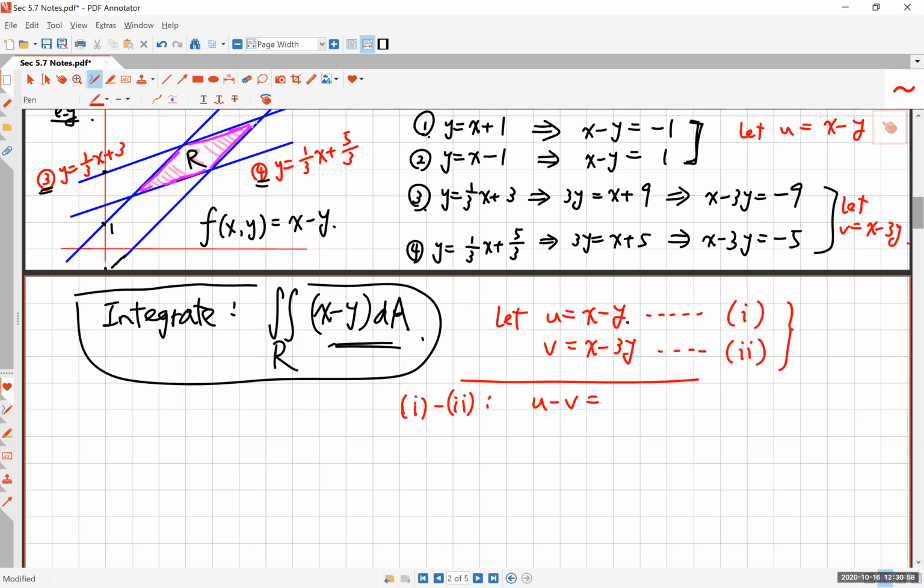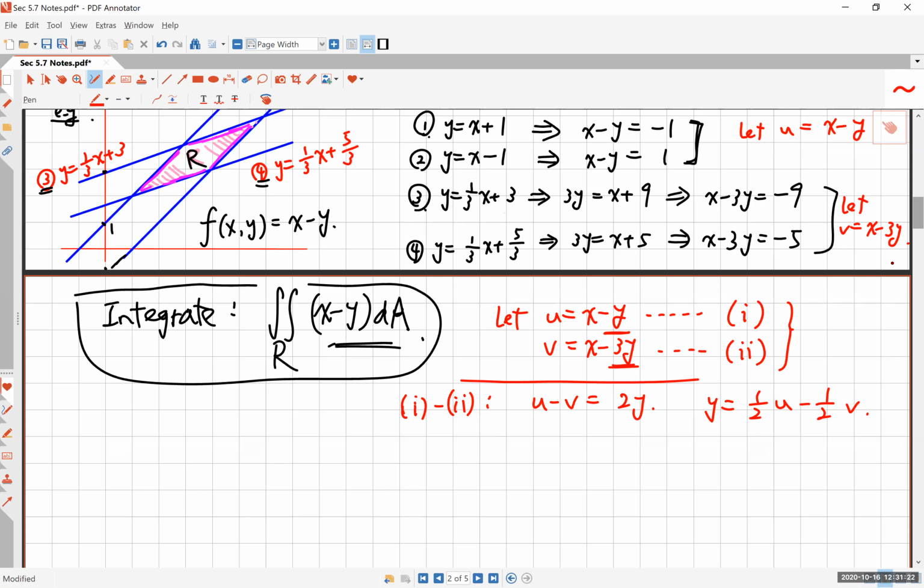And then negative y minus negative 3y. So what is that? That's negative y plus 3y, so that's 2y, right? So that gives you right away y is equal to 1/2 u minus 1/2 v. Get that? All right, so that's not too bad.